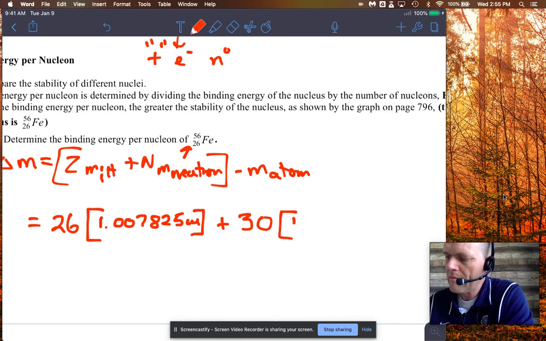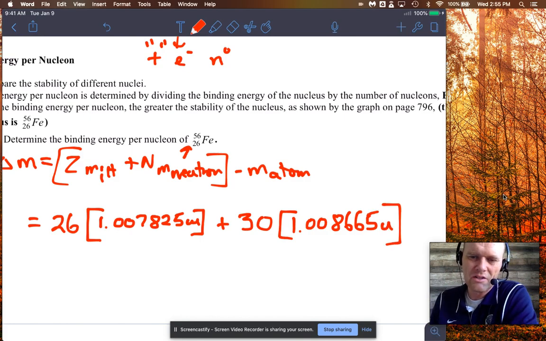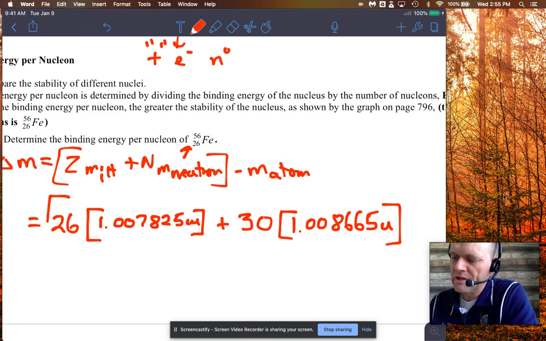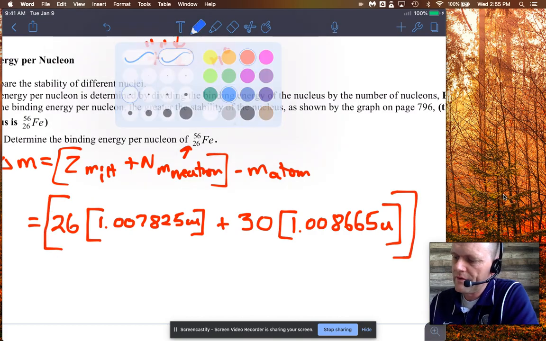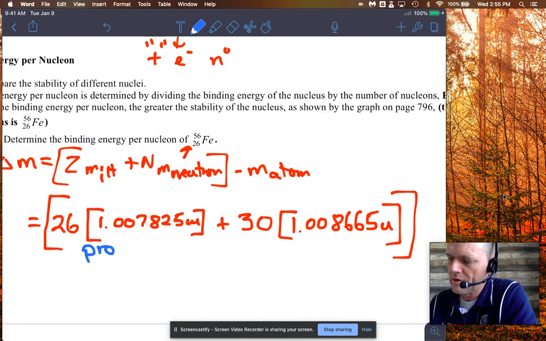And the mass of a neutron, I've already looked this up, is 1.008665 u. If I add those two up, this first one takes care of the protons and the electrons.